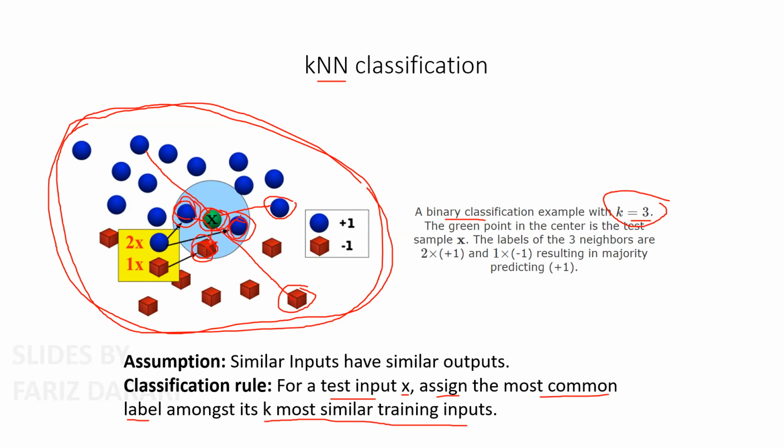And then we already know which label is the most common. In this case, it's the blue one, because 2 blues versus 1 red. Okay. So that's the basic idea of kNN classification. And if you have any question, just let me know.